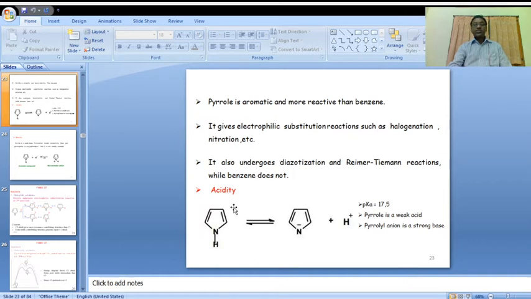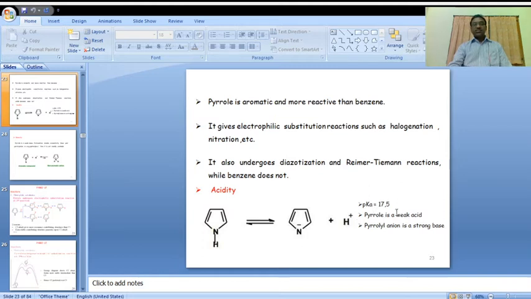But pyrrole does not show basic character. In this case, on breakage of this NH bond, it loses a proton. It gives a proton because pyrrole is a weak acid.